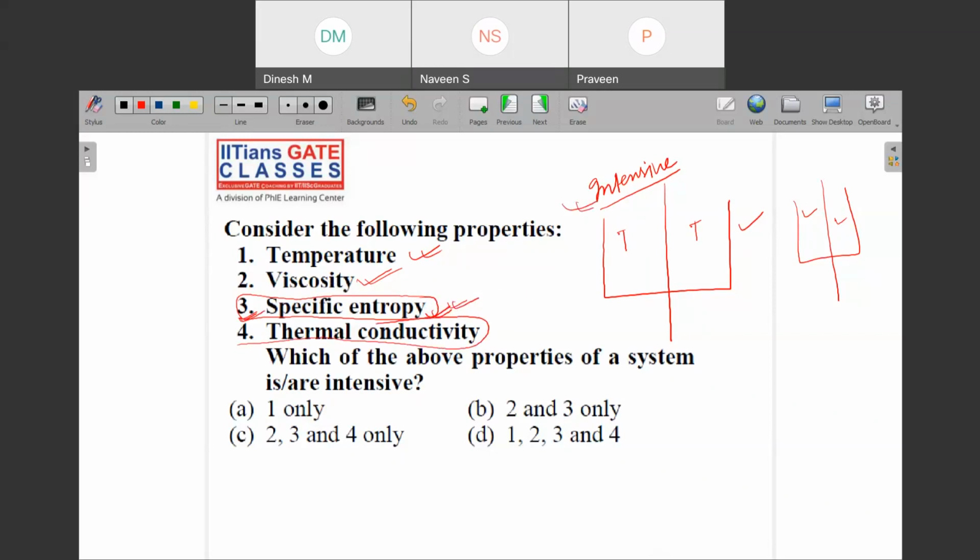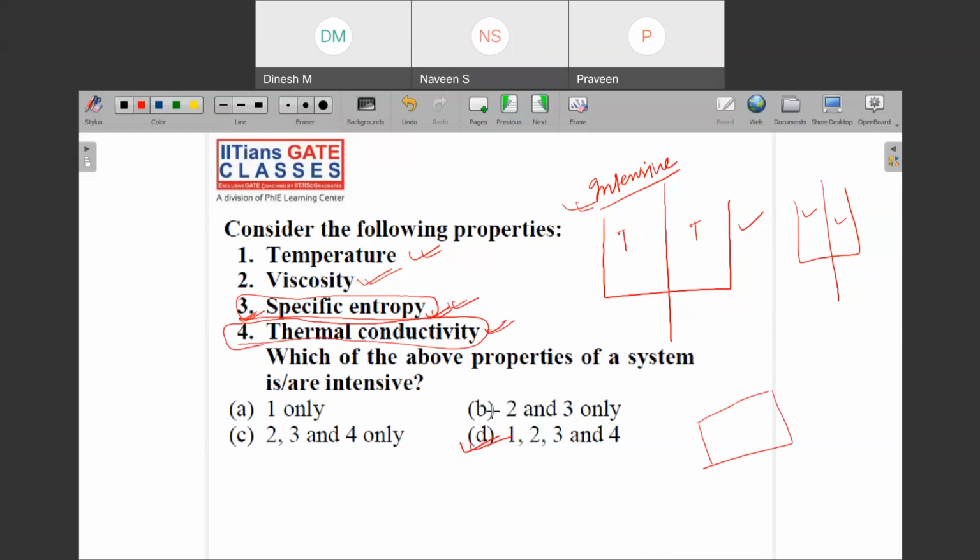Thermal conductivity is also not dependent upon the mass. Otherwise, what will happen? Let us say that you are using a brick wall, and based on its mass, this will never happen that its thermal conductivity will get changed. Getting the idea? So thermal conductivity will also remain same only. So that means the answer becomes 1 2 3 and 4.